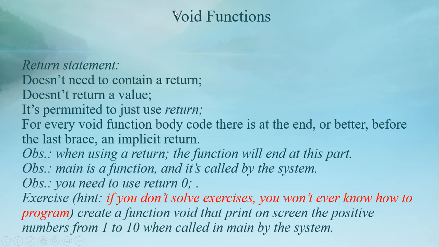It doesn't return a value, but can return something more. For every void function, at the end, or better, before the last brace, there is a place to return. So there is actually a return. When using a return, the function will end at this part. Yes, that's why the function ends.